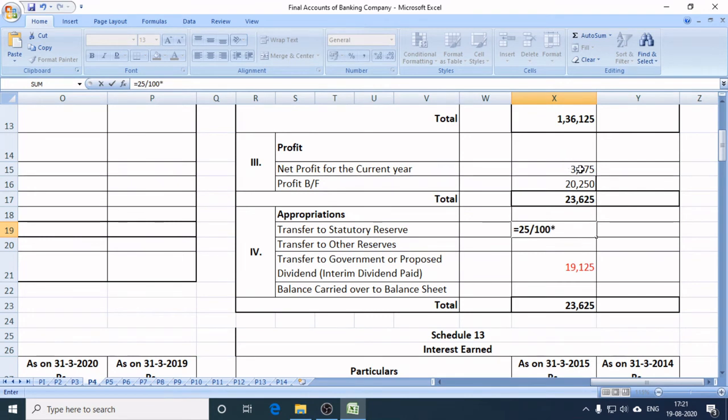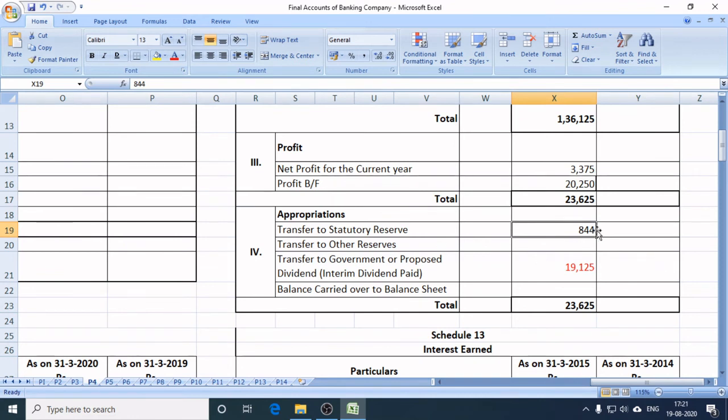What is the current year profit? 3,375, and the figure is 843. So the round figure is 844. So we will transfer 844, that is 25% of current year profit, to statutory reserve.